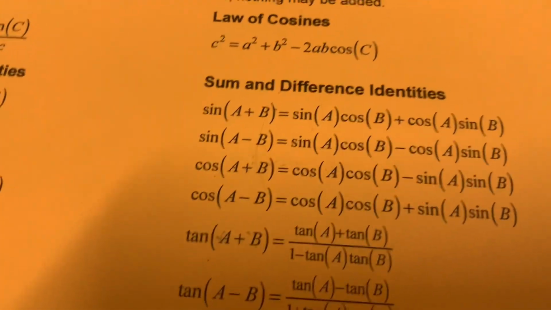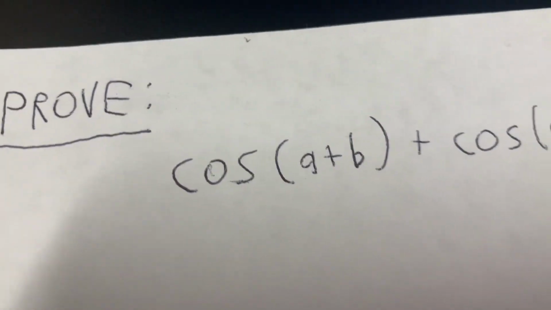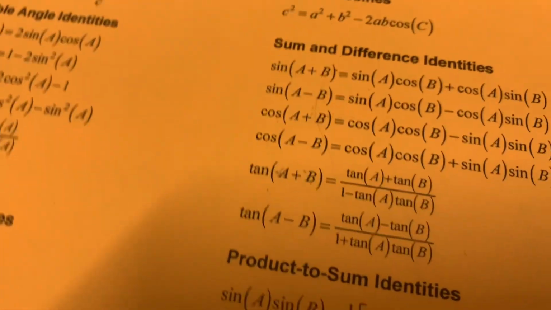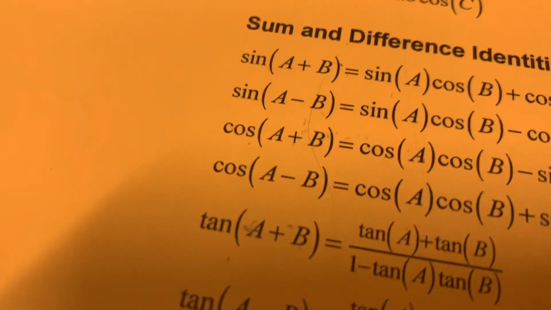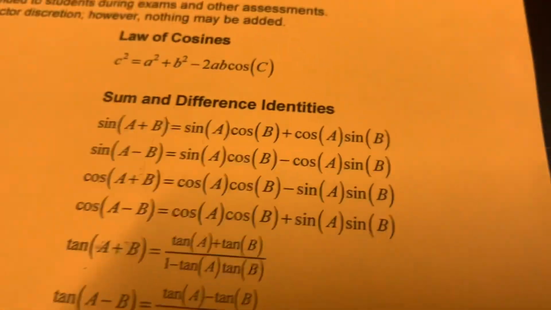Cosine of A plus B? Isn't that what's right here? And what's this? Cosine of A minus B? It's right there. But they equal different things, different whole new things.